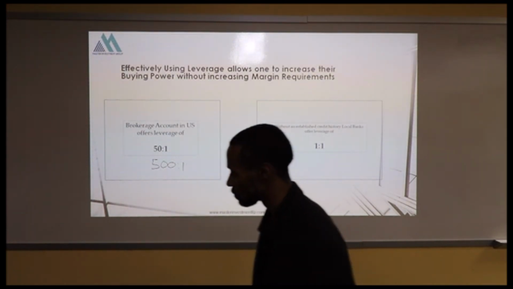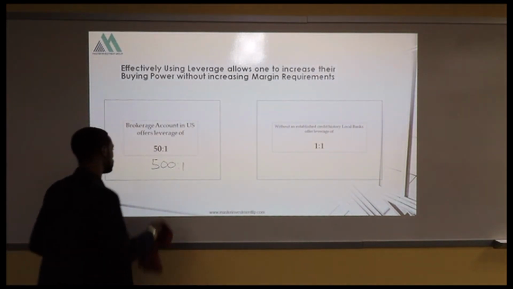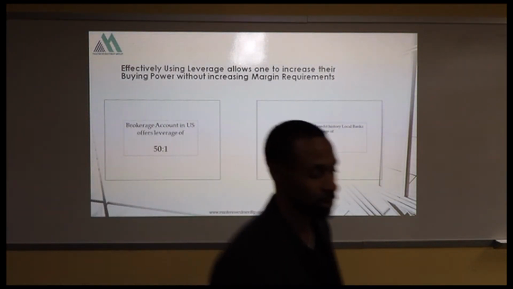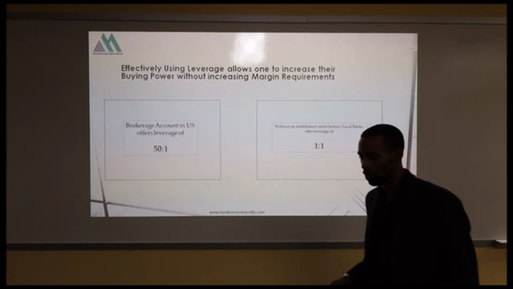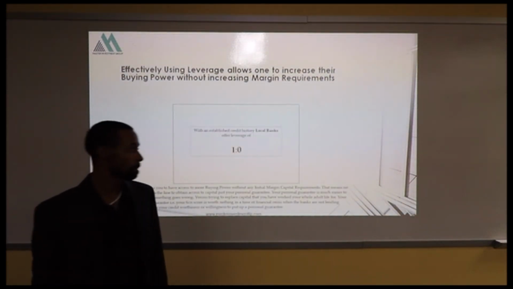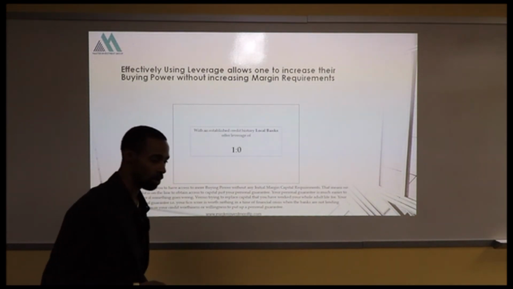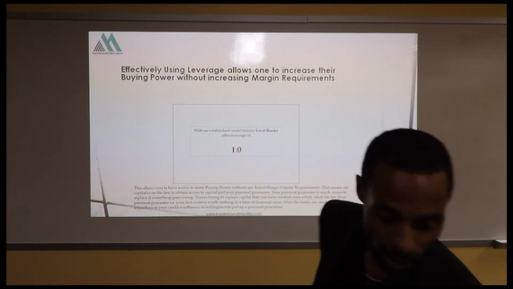If we understand how banks work, if you've established credit with a bank, the bank will give you credit based on no margin requirement. That means the bank will give you what's known as 1 to 0. For your credit history, the bank will be willing to lend you 1 unit.